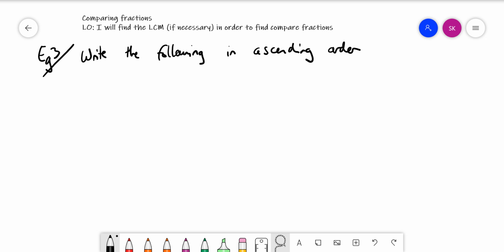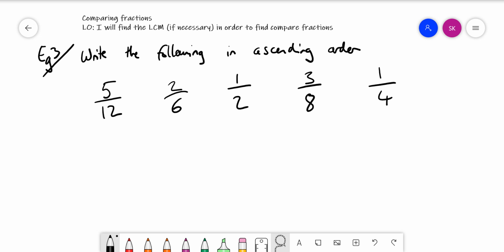Now, sometimes it's not as easy as being able to just look at the fractions and say, yes, okay, that one's the biggest, that one's the next biggest, etc. And here is a question where actually you may do some calculations in order to compare the fractions, because the numerators aren't the same size, and you can see that every single one of these fractions is less than a half, apart from the actual half itself.